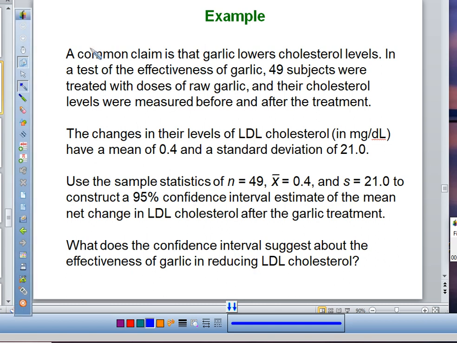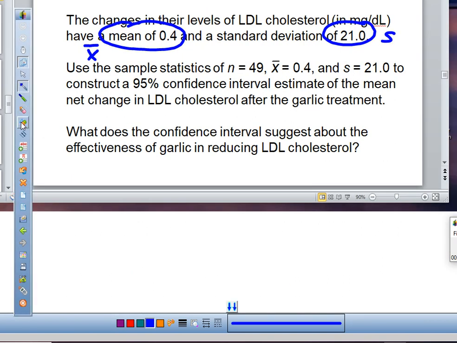So, again, how many were selected? You had 49 subjects. That's your n. They had a mean of 0.4. That is your sample mean, x bar. It's from a sample, and this is your sample standard deviation. So this is your s. So we're going to find our error.